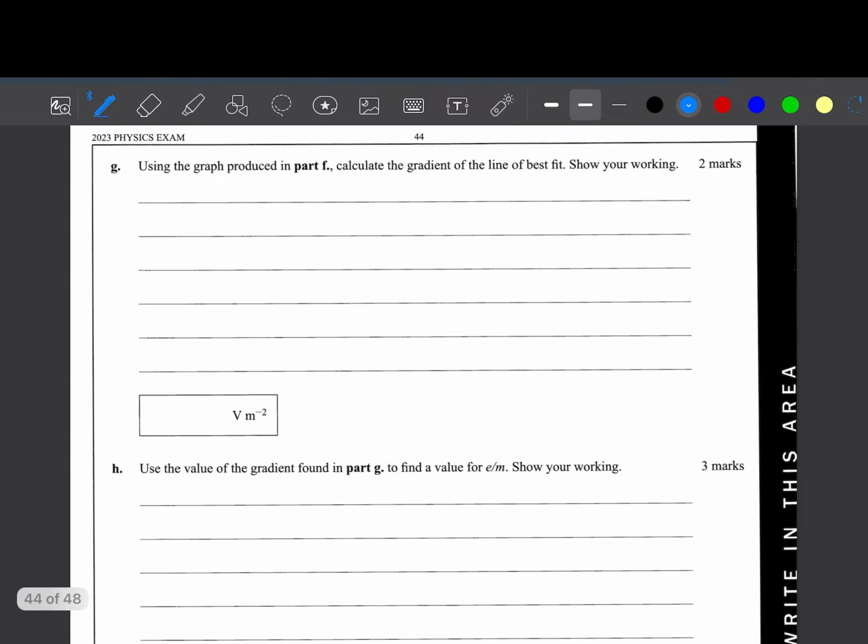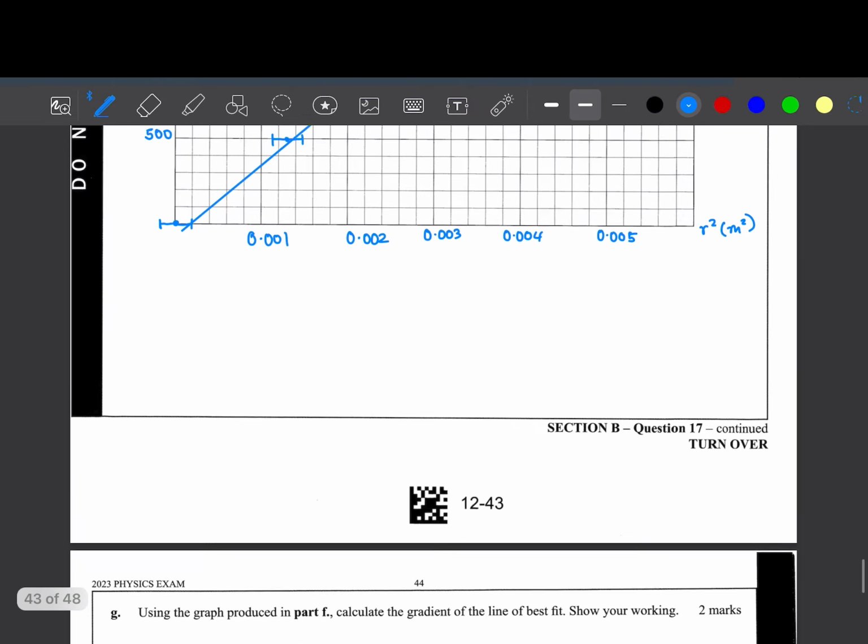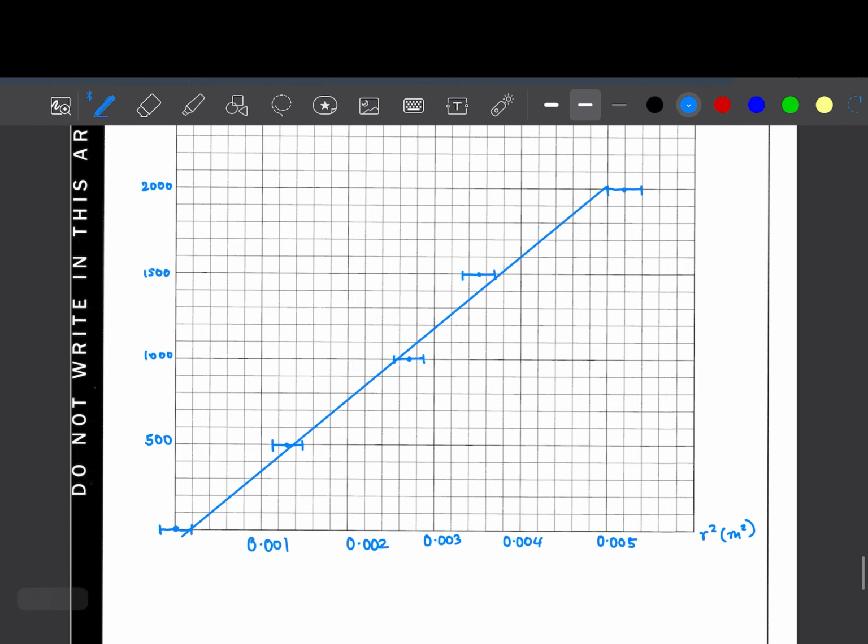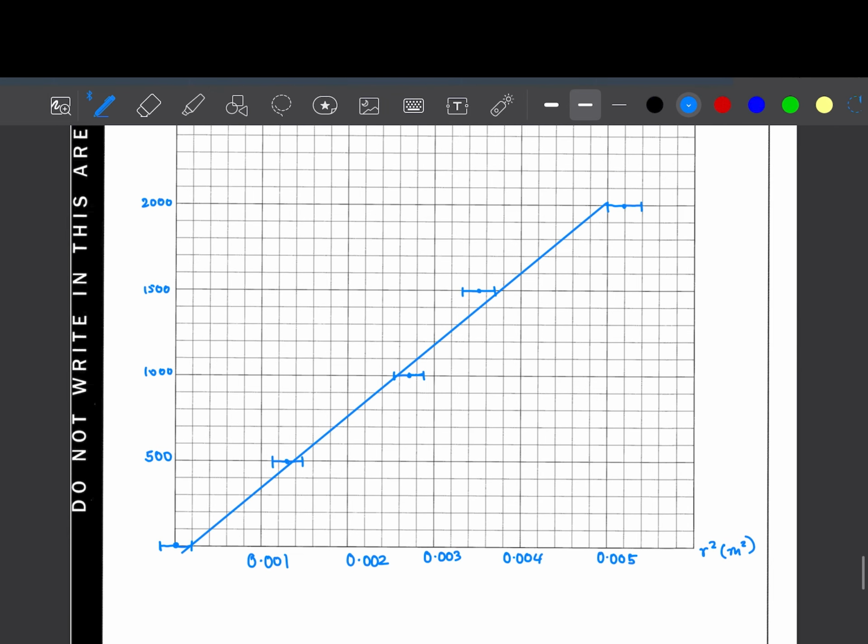Okay. Using the graph produced in part F, calculate the gradient of the line of best fit. Show your working. So our two coordinates, which are going to be our two... Okay, I can see one right here: 0.004 and 1600 it seems like. And where is the other one?